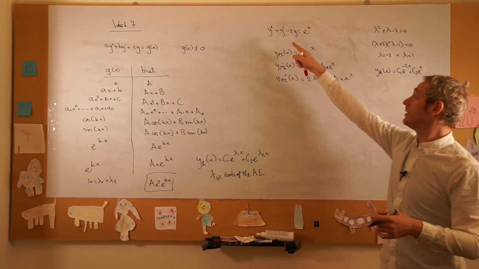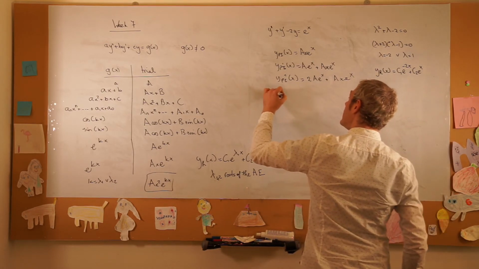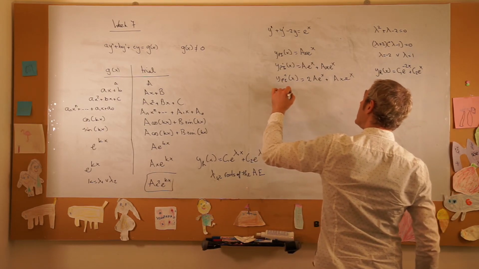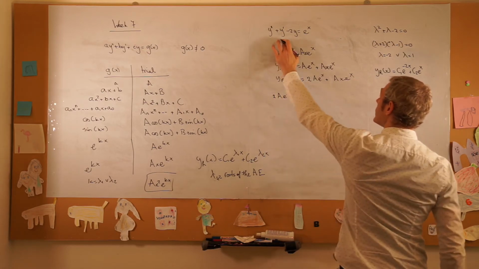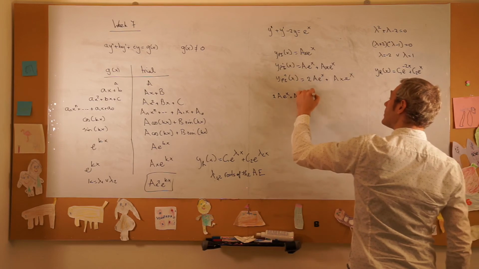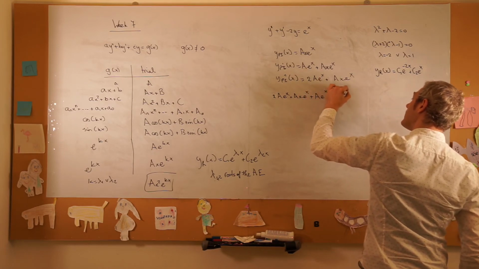Well, let's put this into the differential equation. So the second derivative, 2a e to the power of x plus a x e to the power of x, plus the first derivative, so this one, plus a e to the power of x plus a x e to the power of x.